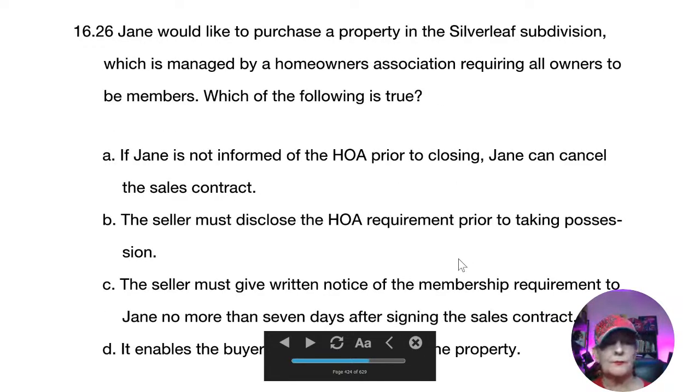Okay, number 26, purchase a property in the Silverleaf subdivision, which is managed by contract. B, the seller must disclose the HOA requirement prior to taking possession. Give written notice in the sales contract. So Jane is the buyer, okay?